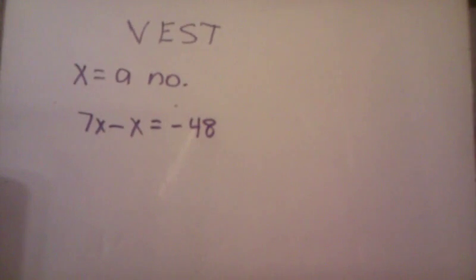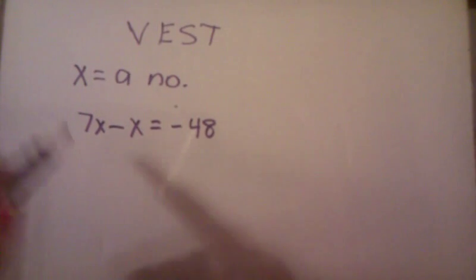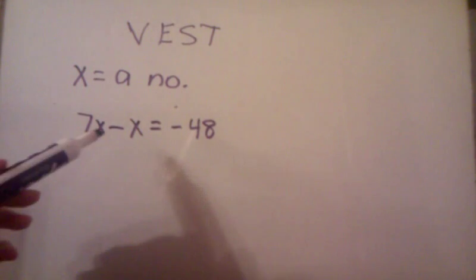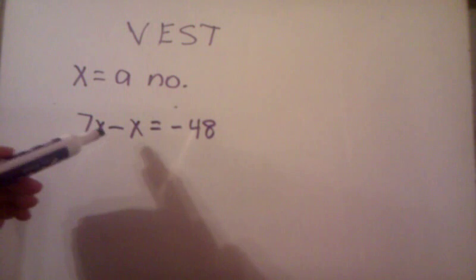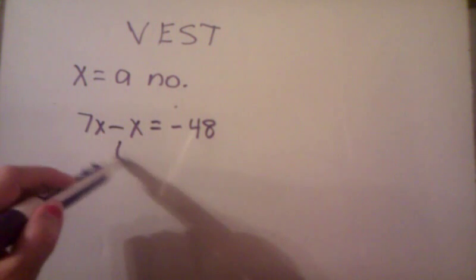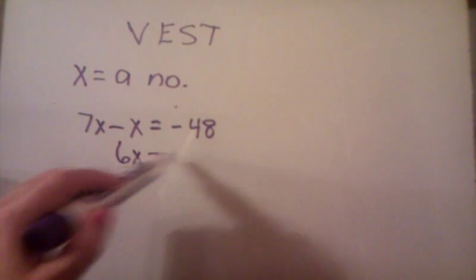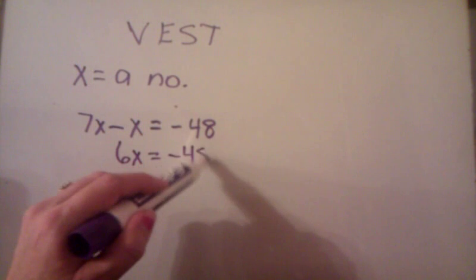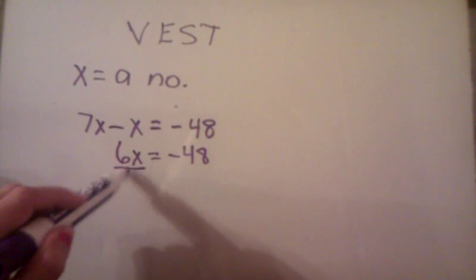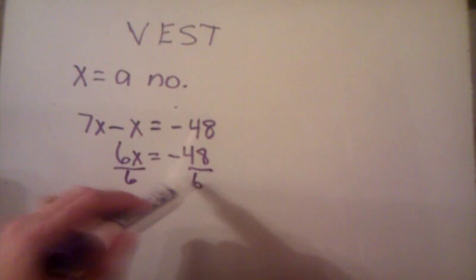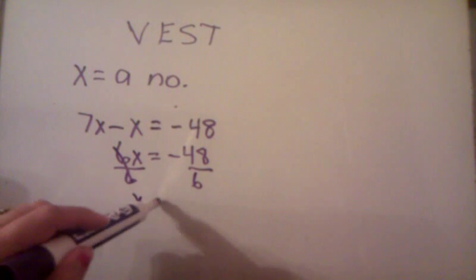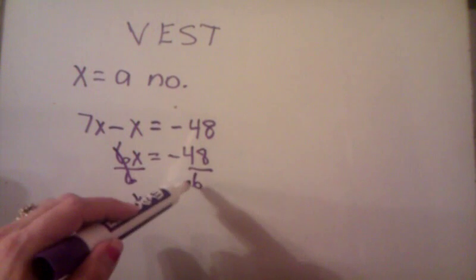Okay, now let's solve it. 7x minus x is, 7 minus 1 is 6. 6x equals negative 48. You have to get rid of the 6, so divide both sides by 6. I have x equals a negative divided by a positive.